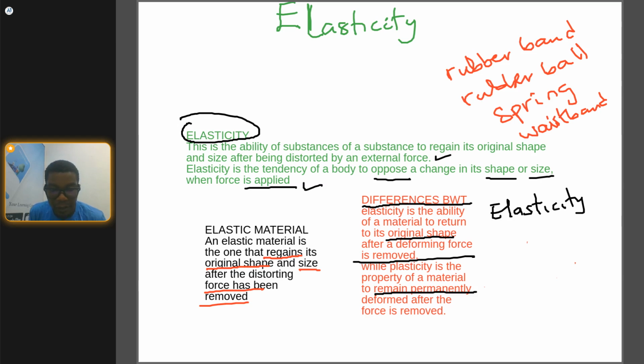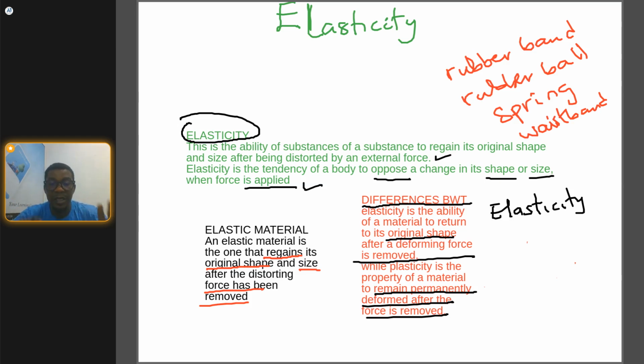Permanently deformed after force has been removed. So when you apply force to a material, and after you have removed the force, the material remains like that. The material cannot actually regain back its own shape or size. Such material is classified to be a plastic.